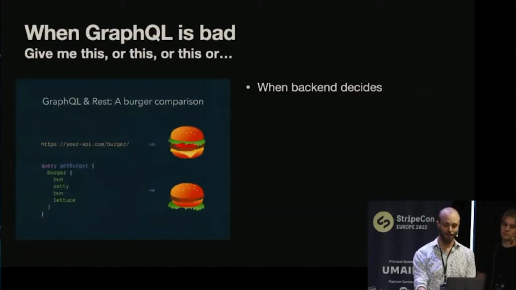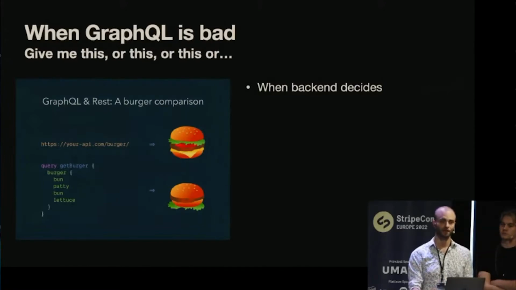When GraphQL is bad is when the backend decides most of the things. If the backend has a very opinionated view of how they want to present their pages, this is how the site tree should look and everything, it's pretty hard to fetch all this with GraphQL. You need to do some nested queries and a lot of different queries, increasing with page types.